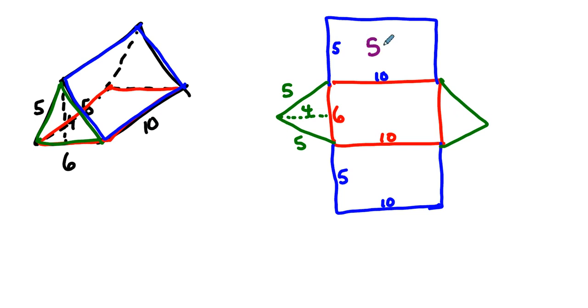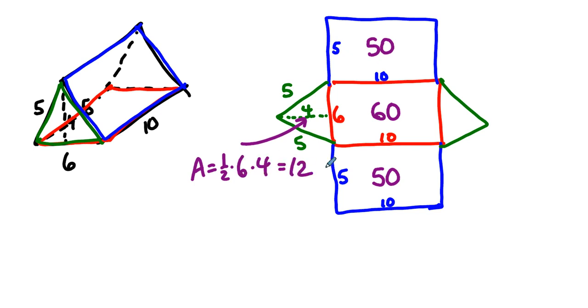So rectangle with area 50, rectangle with area 60, rectangle with area 50. What's the area here? 1/2 base height, right? And so this will also have an area of 12.